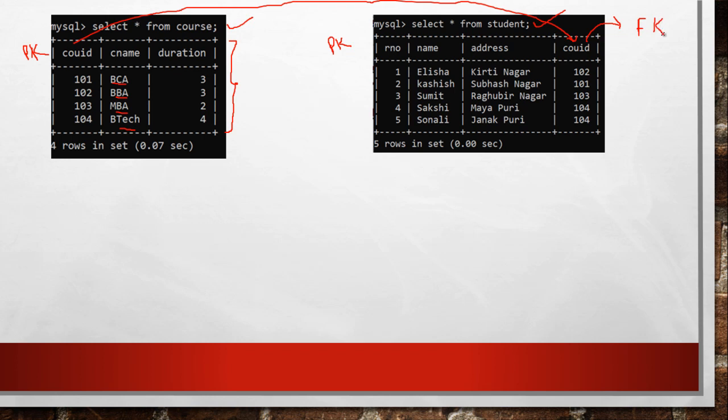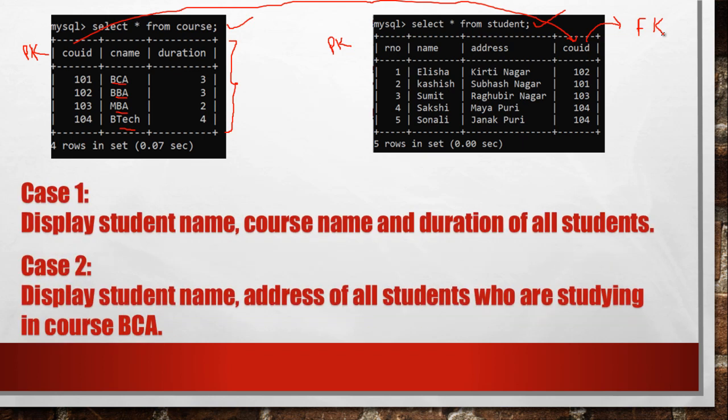We have created these tables and I have shown you the commands for creating them in the previous lecture also. Now how can the concept of join be used with these two tables? There are two cases which show that we can combine the data of these two tables. Suppose someone asks me to display the student name, the course name and the duration of all students.